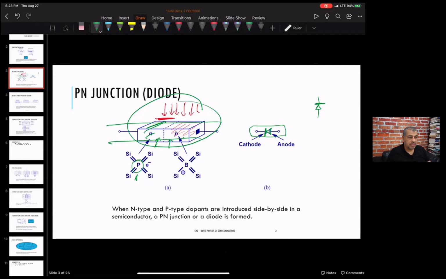Honestly, I still have to look this up every once in a while because I get confused which side is cathode and which is anode. But the thing I will not forget is that the cathode side, I always think of it in terms of the symbol, is N-type doped, and the anode is the P-type doped side.